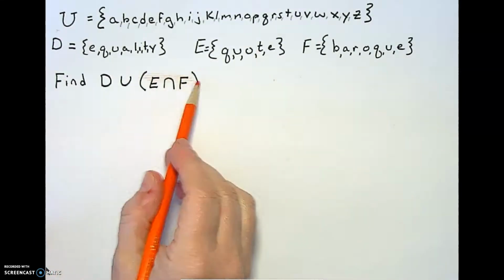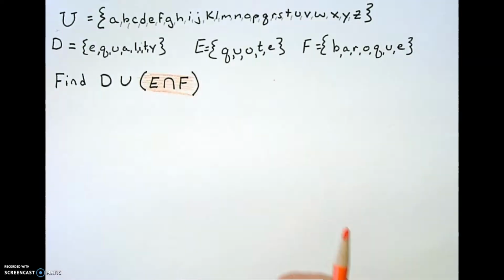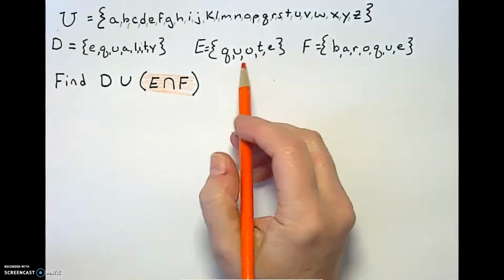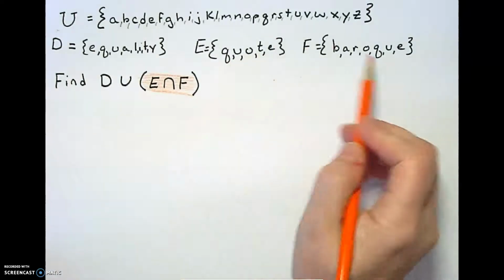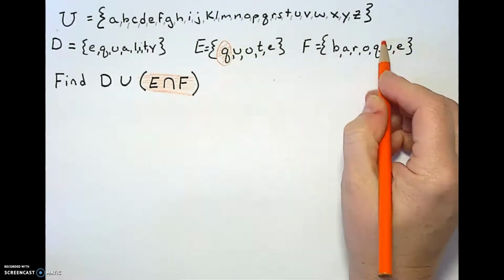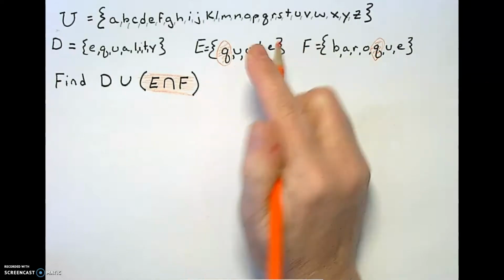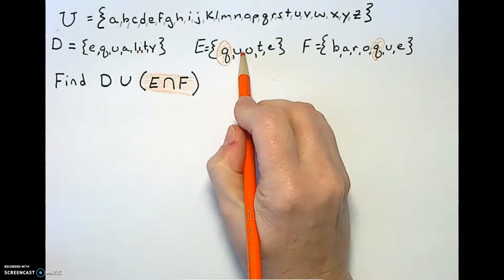We're going to do E intersect F, and intersect, which Chris said earlier, is the stuff they have in common. So Q, they both have. I'm going to circle it. So Q and then U. This is funny, it's got a lot of stuff in common, actually.